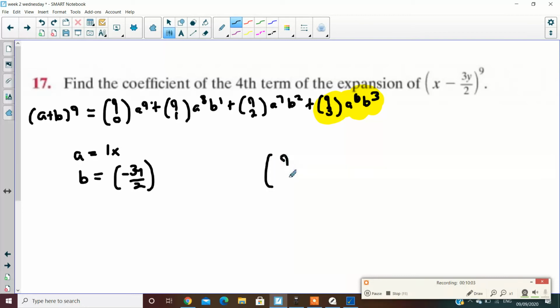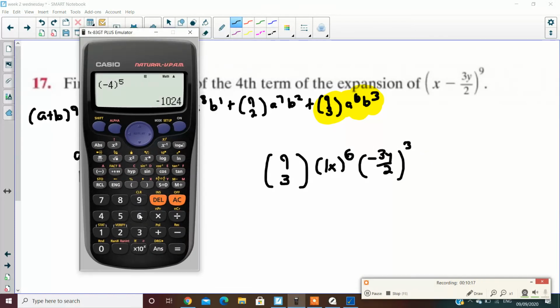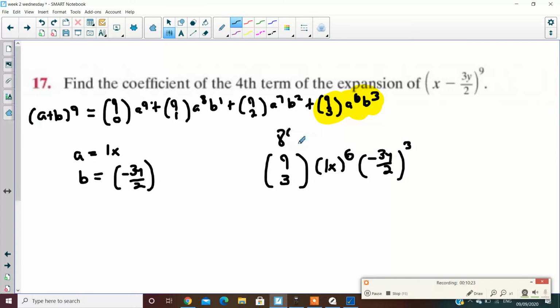So it's going to be 9C3, x to the power of 6, and minus 3y over 2 to the power of 3. There's the calculator. 9C3, 84.